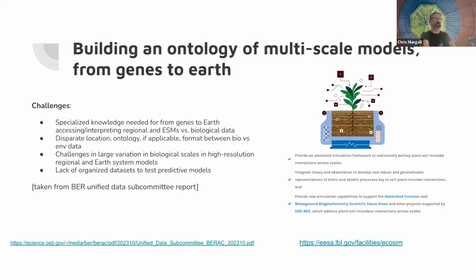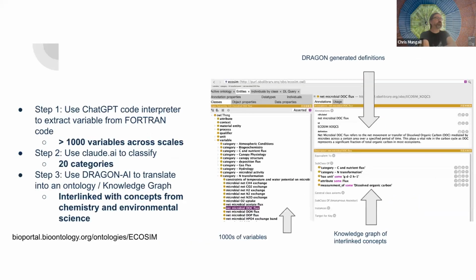It's used to integrate a lot of the data that we are generating. And so we thought, okay, let's take this slightly impenetrable Fortran program and turn it into an ontology where each of the variables are modeled as ontology terms and can be linked to other ontologies such as ENVO and other ontologies in the OBO Foundry.